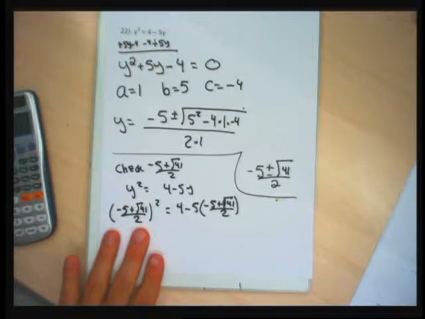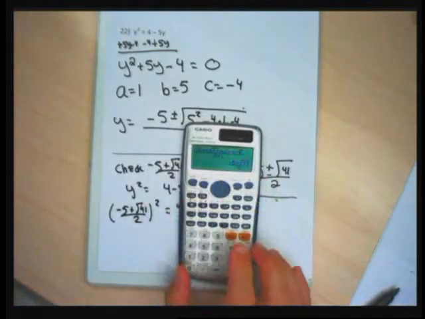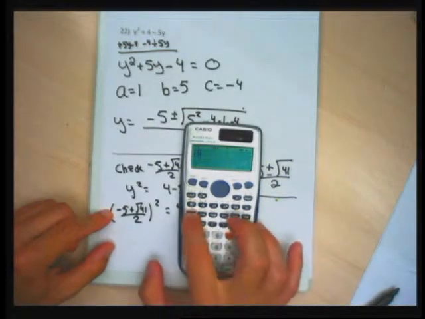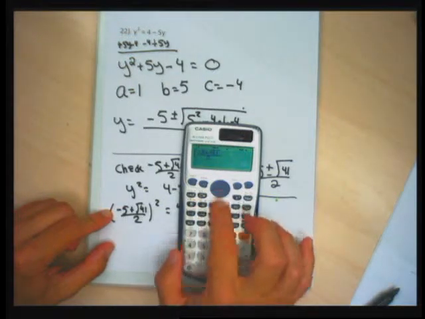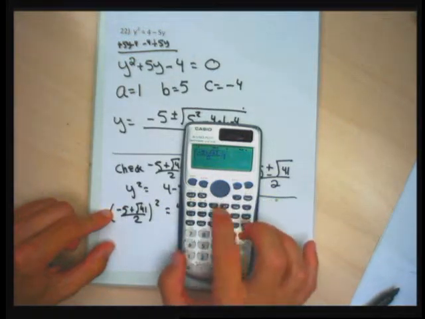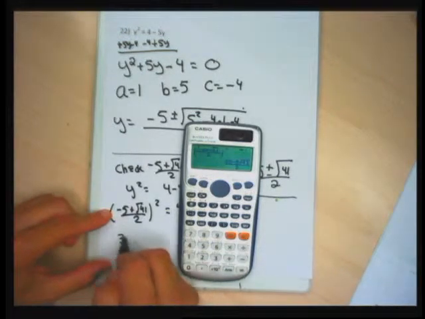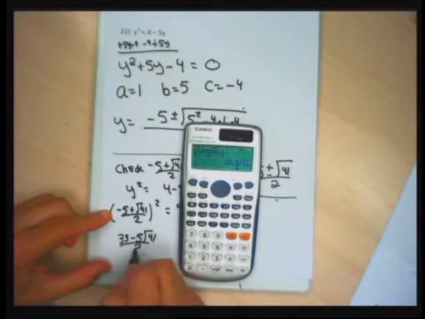I need to do the left side and the right side because the original problem had y's on both sides. So the left side, negative 5 plus the square root of 41 over 2 quantity squared, comes out to be 33 minus 5 square root of 41 over 2.